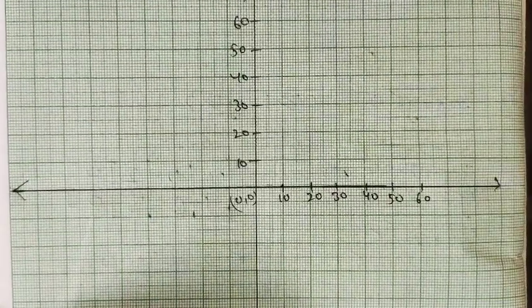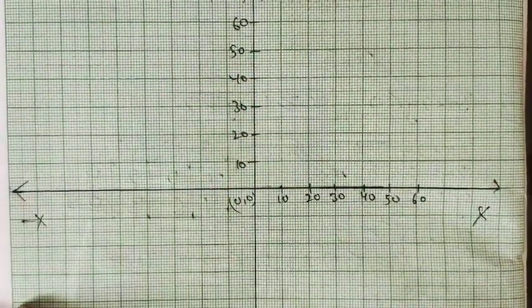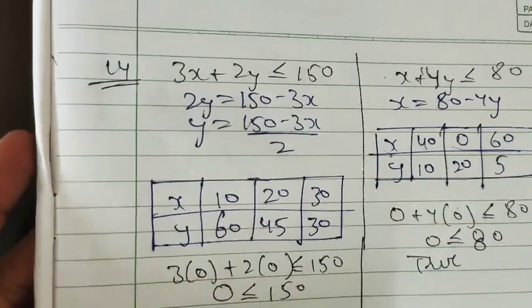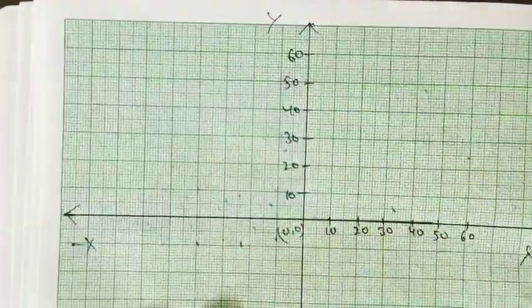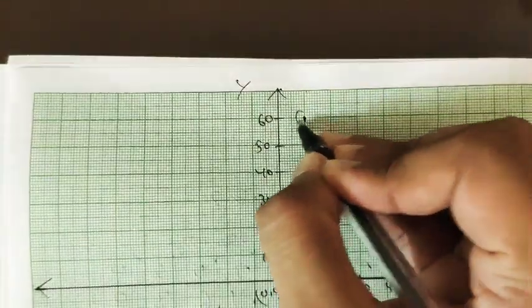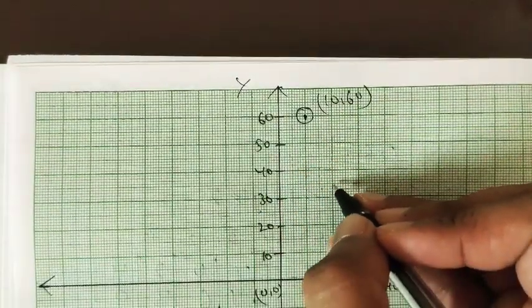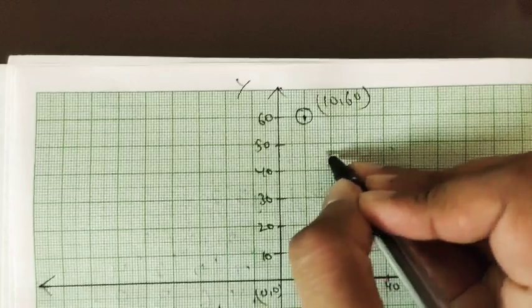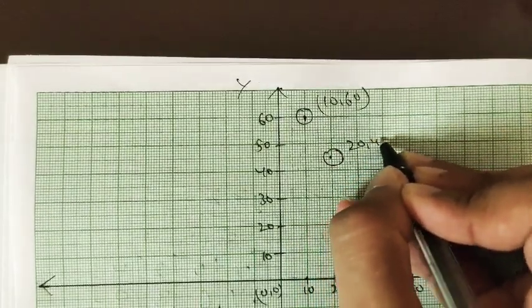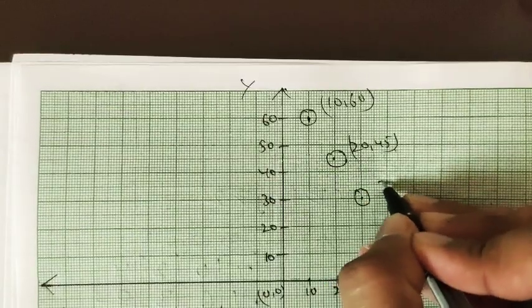So this is how I have plotted the x-axis, minus x, y, minus y. First points are (10, 60), (20, 45). (10, 60) is this point, (20, 45) is this one, (30, 30) is this one.